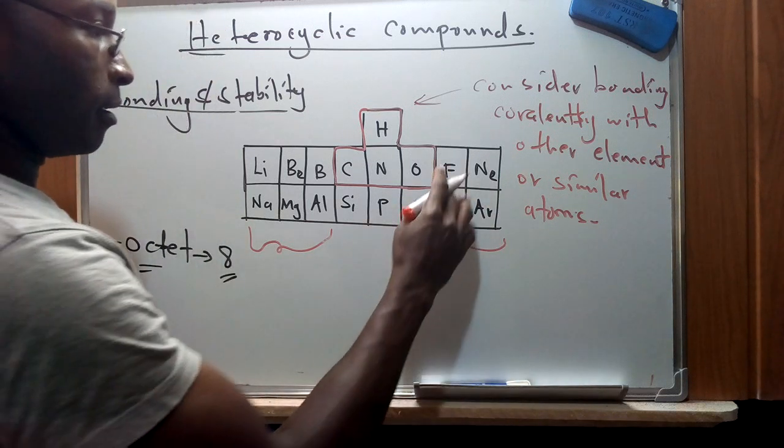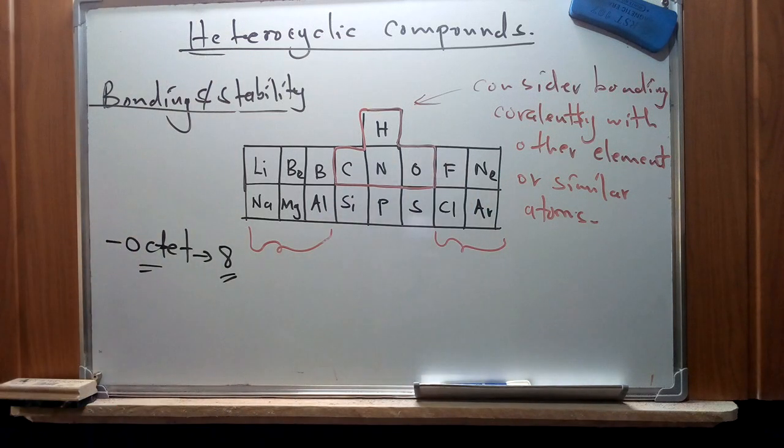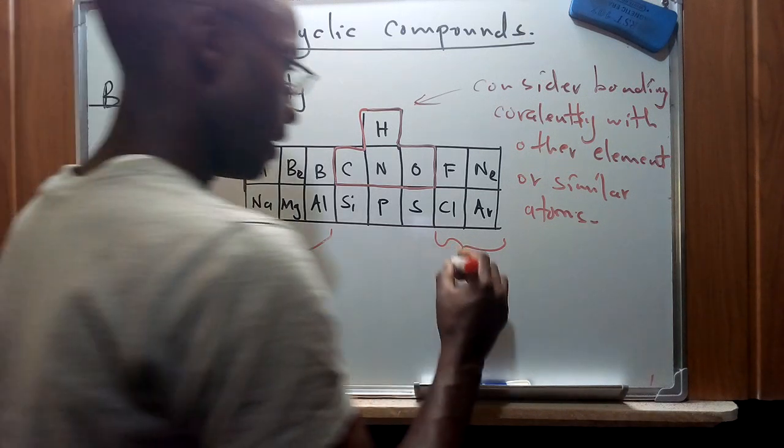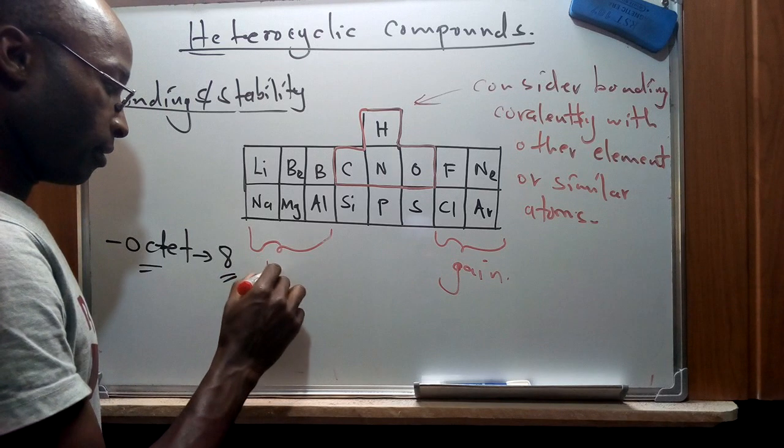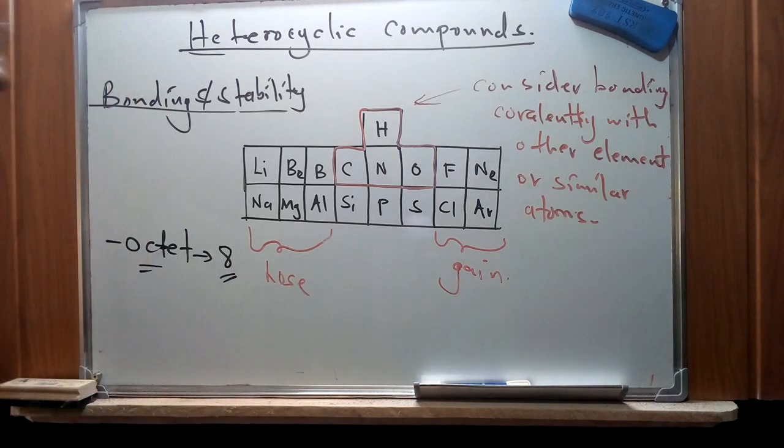we find that at the outermost energy level, these elements gain electrons to attain stability, while on the other side they lose electrons in order to attain stability. So in essence, atoms at the extremes of the rows can gain or lose electrons to form an ionic lattice.